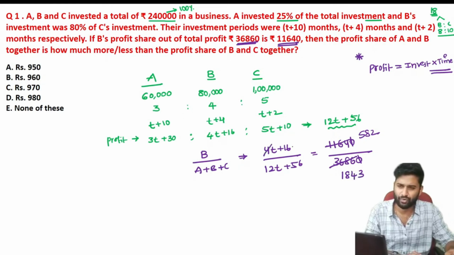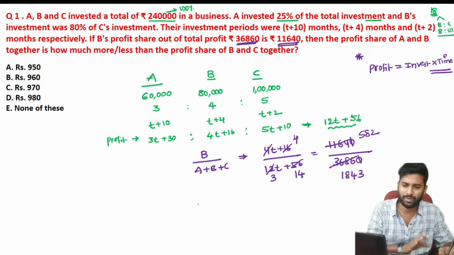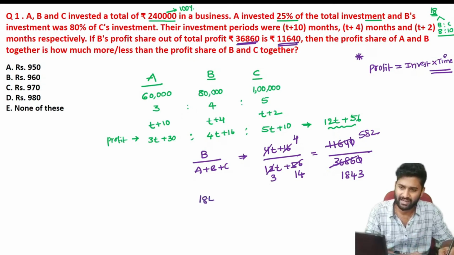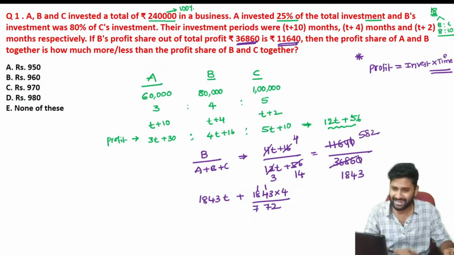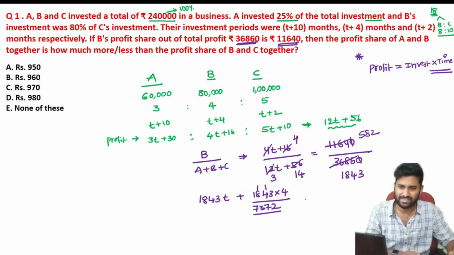Now you can see the cancellation here: 4 4s are 16, 4 3s are 12, 4 1s are 4, 4 14s are 56. Finally, t plus 4 is multiplied with 1843. Now see, 1843t. Now 1843 is multiplied by 4 times. Just go through the calculation here: 4 3s are 12, 4 4s are 16, 17. So the value becomes 7,372, which is exactly equal to 582 multiplied by 3t. Now how much value will you get?